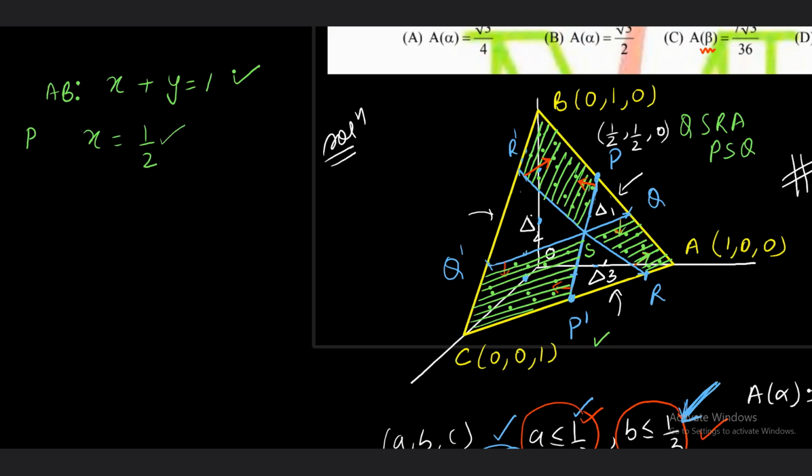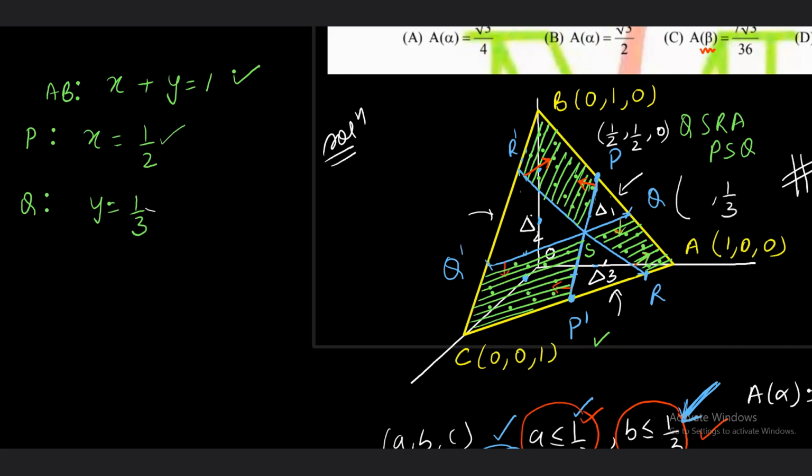Now I'll get the coordinates of point Q. हमें Q के coordinates भी चाहिए. Q के coordinates आपको कैसे मिलेंगे? When you will be solving this line with y is equals to 1 by 3. So when you are solving it with 1 by 3, we can now write down the coordinates of the point Q. कैसे लिखेंगे? Y coordinate 1 by 3 आ रहा है.